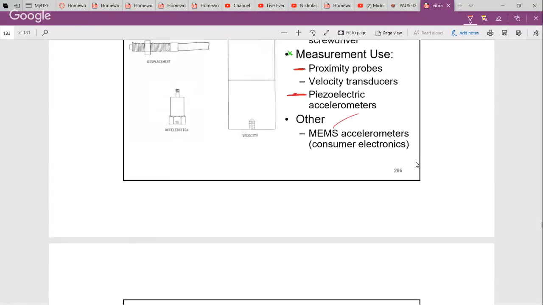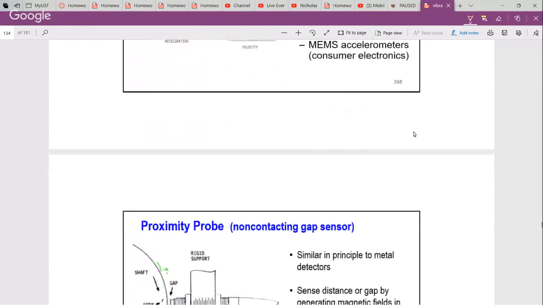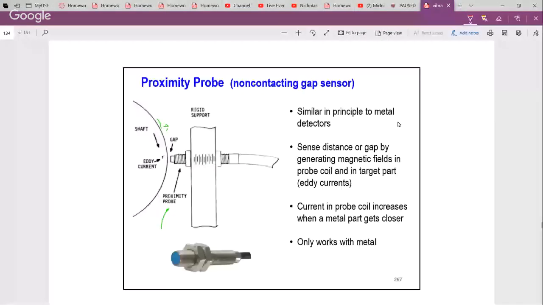All right, so let's talk first about the proximity probe. We've already seen this in action in the balancing demo. It's very similar in principle, in operation, to a metal detector. And of course, metal detectors have wide use. Of course, you had one as a kid or an adult.